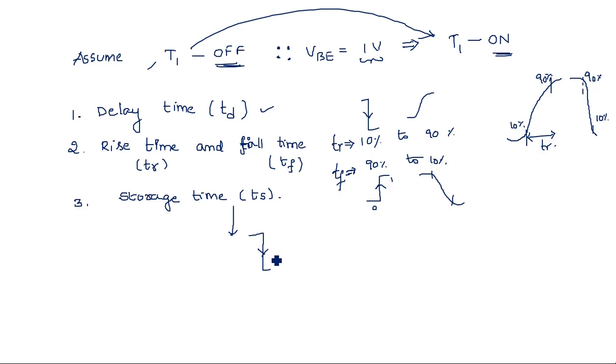It will not immediately lose its charge. That particular value will be sustained by the transistor for some time. This is the storage time. So these are the three different timing factors that generally come across in transistor switching actions.